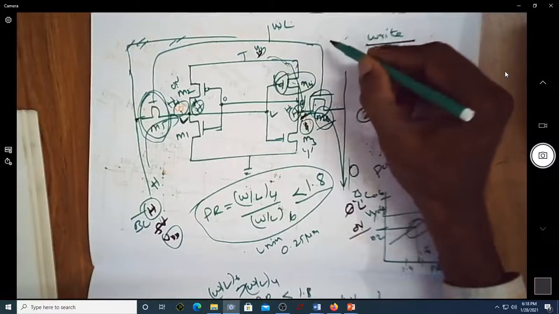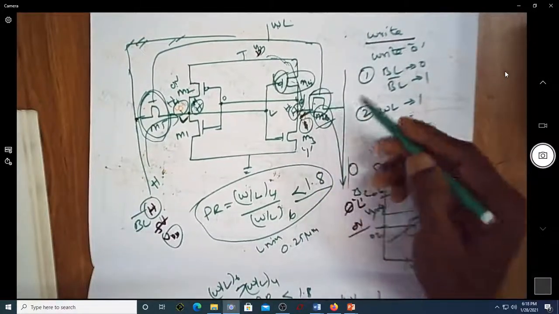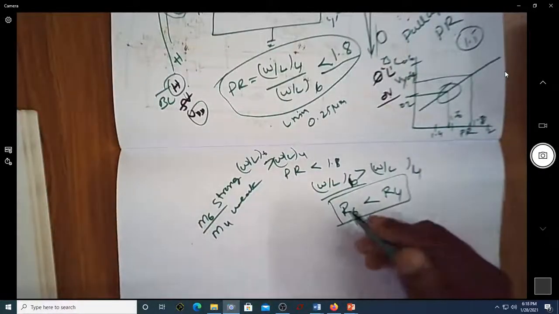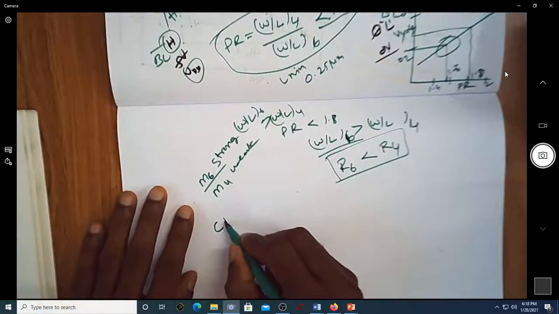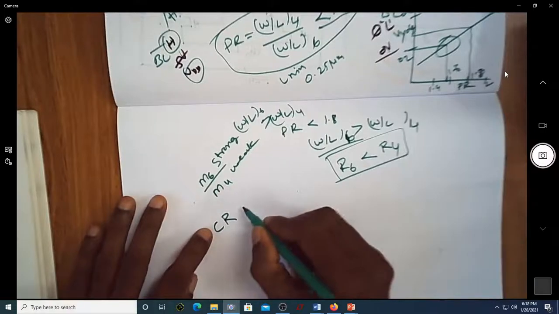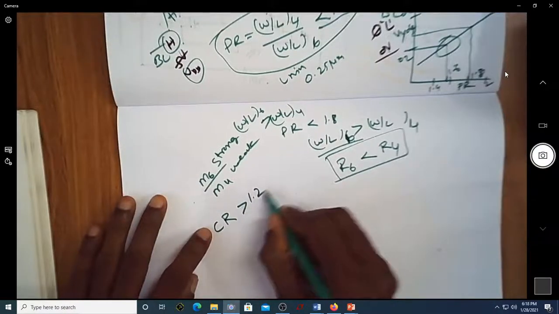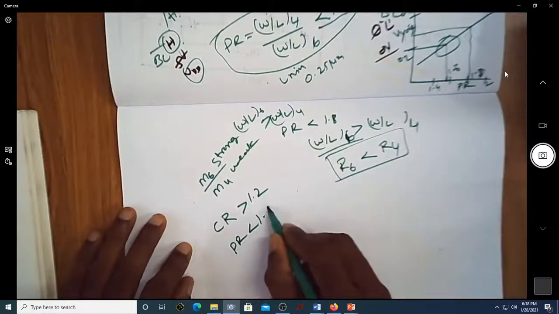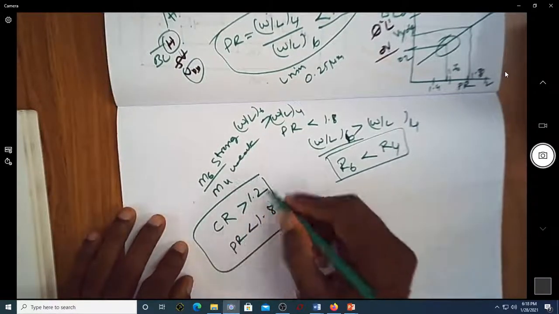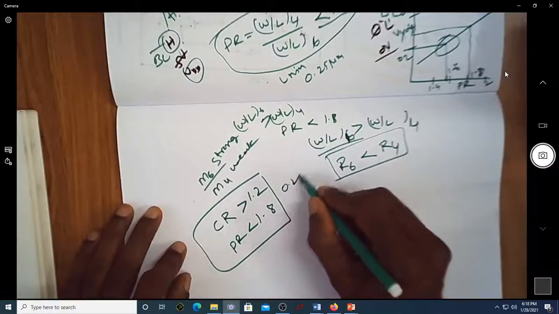static RAM. So there are two conditions to be satisfied in the case of static RAM. One is that you have to maintain a value of CR greater than 1.2, and you have to maintain a value of PR less than 1.8. This is for a particular technology of 0.25 micrometer.